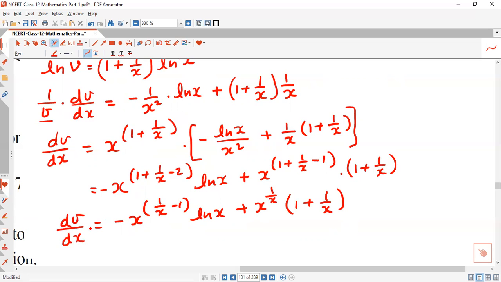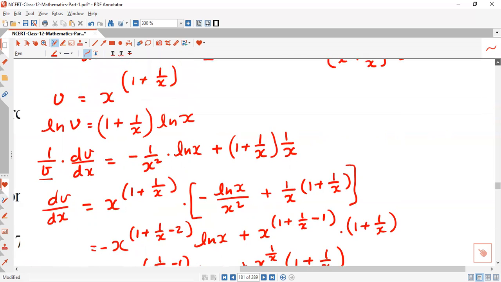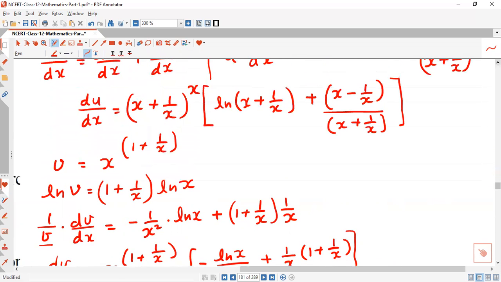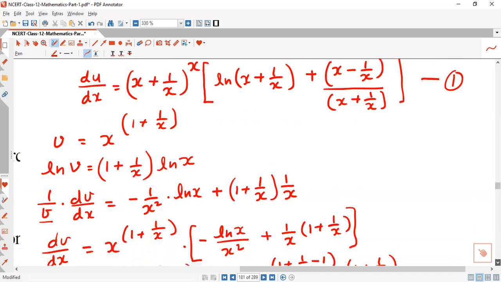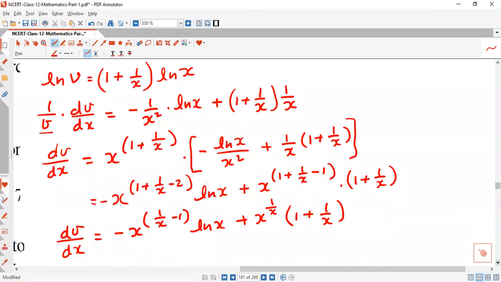All right. So now dy by dx will be equal to what? Take the sum of these two equations. Write down in the answer du by dx plus dv by dx. You may also simplify this part. Take the sum of equation number 1 and equation number 2. Okay. This is the answer of your question.